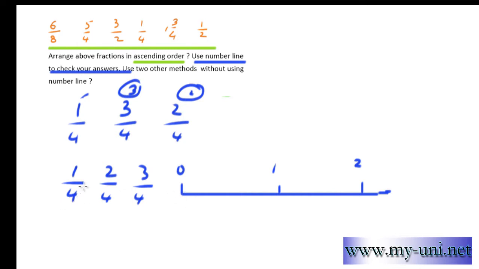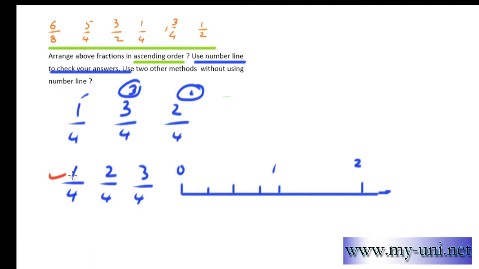Now you can see that in each of these fractions, each whole has been divided into 4 equal parts. So we can divide this 1 unit into 4 equal parts as well: 1, 2, 3 and 4 equal parts.